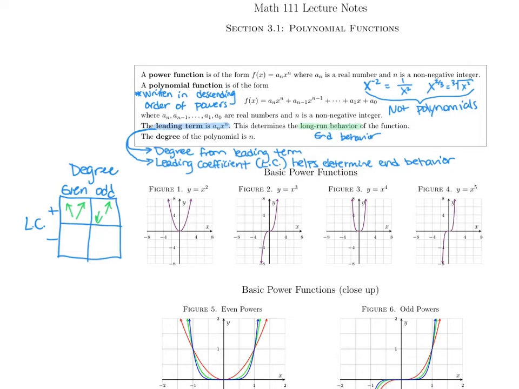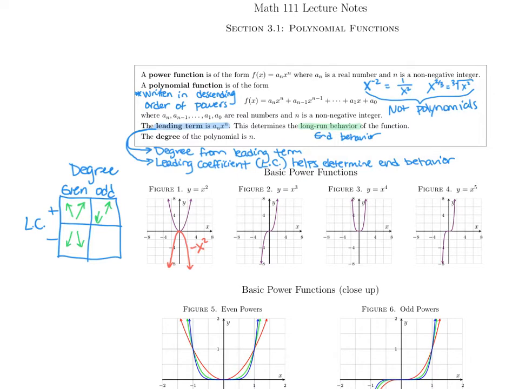Now for the negative version of each of these, a negative x squared, well, we just dealt with transformations, so we know that if we put a negative in front of a function, it's going to reflect it over the x-axis. So a negative x squared is going to look something like this, with both ends of my function facing downward.